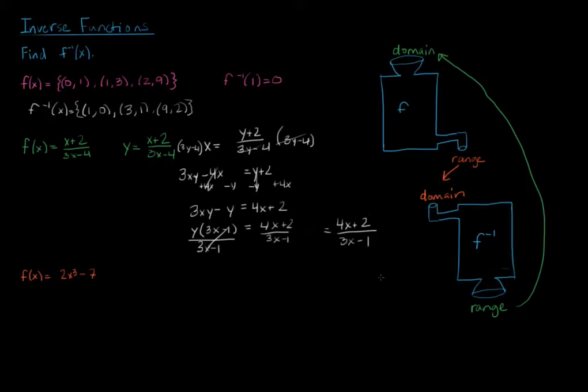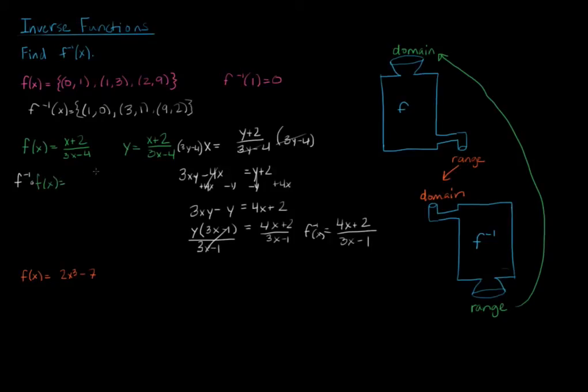We can check that and be sure by doing f of f inverse and f inverse of f, by composing those two functions. So we can do f inverse of f of x to check.